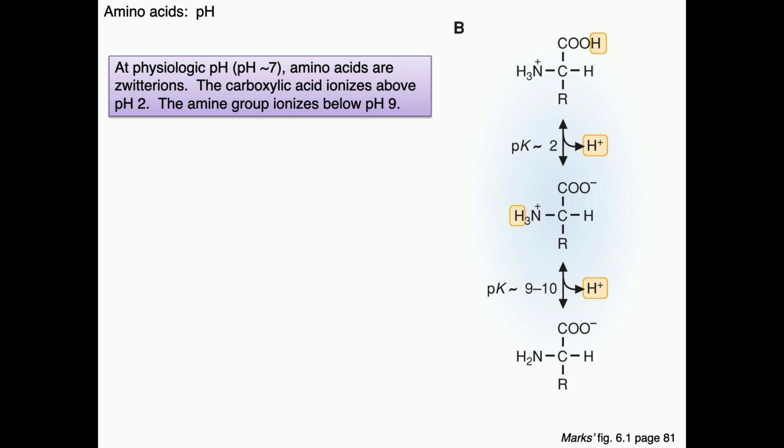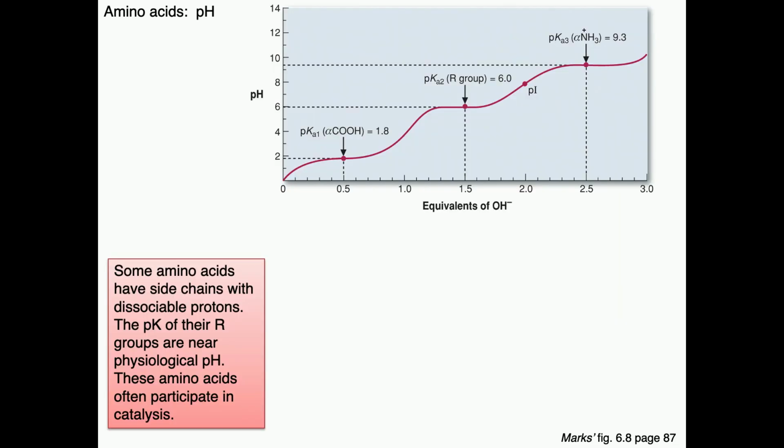I think the importance is for the subset of amino acids that have an R group that is ionizable at near physiological pH. In that case, those amino acids have a third pK that's intermediate between the pK of the carboxylic acid and the amine group.